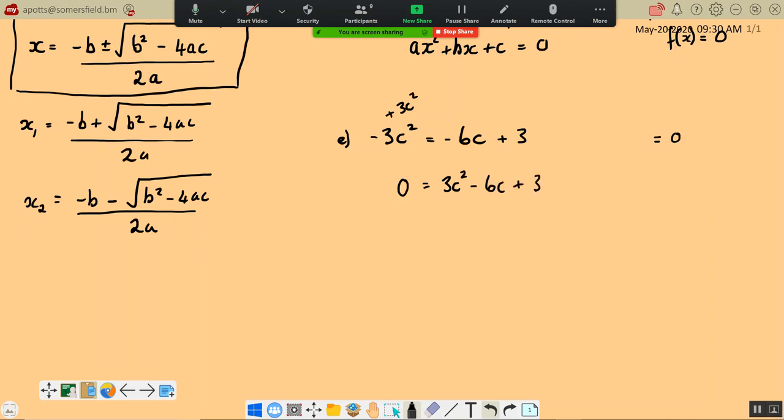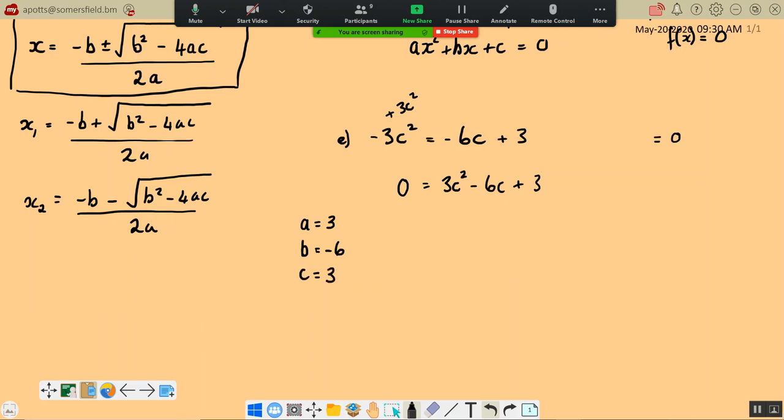Okay, so when I lay out the problem, I'm going to write down a is, b is, and c is. What's a? 3. What's b? Minus 6, and c is 3.